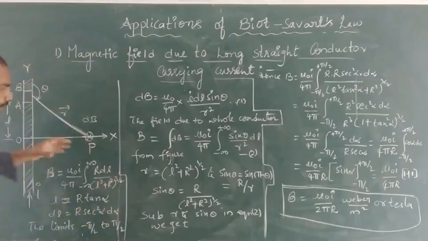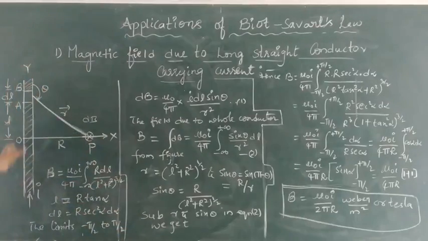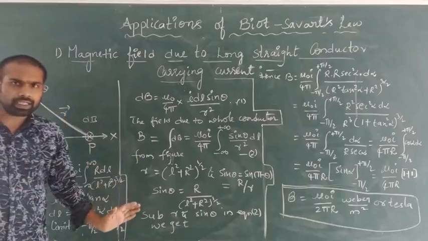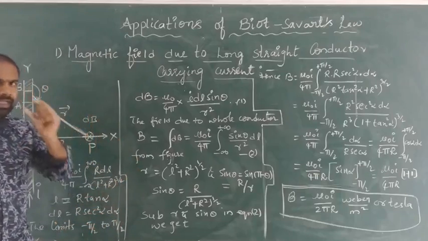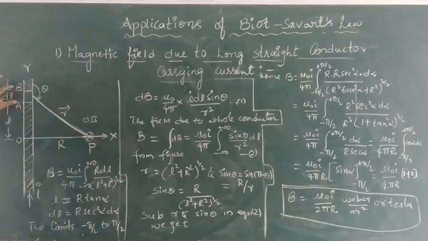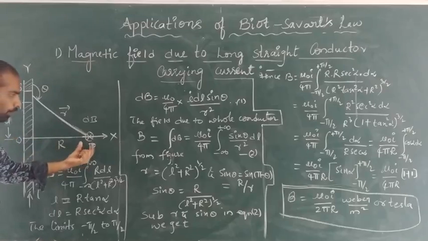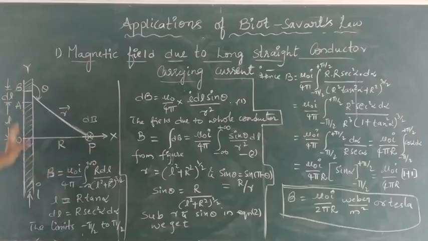So we took one straight conductor carrying current I and divided the entire long conductor into small elements. We are considering one such small element AB whose length is dl. Now we took one point P near the long conductor, on the x-axis.